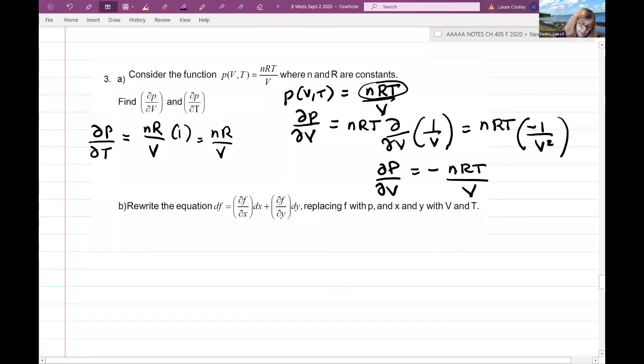Okay, so now pressure being a function of volume and temperature, I can write dP as partial P partial V, dV.